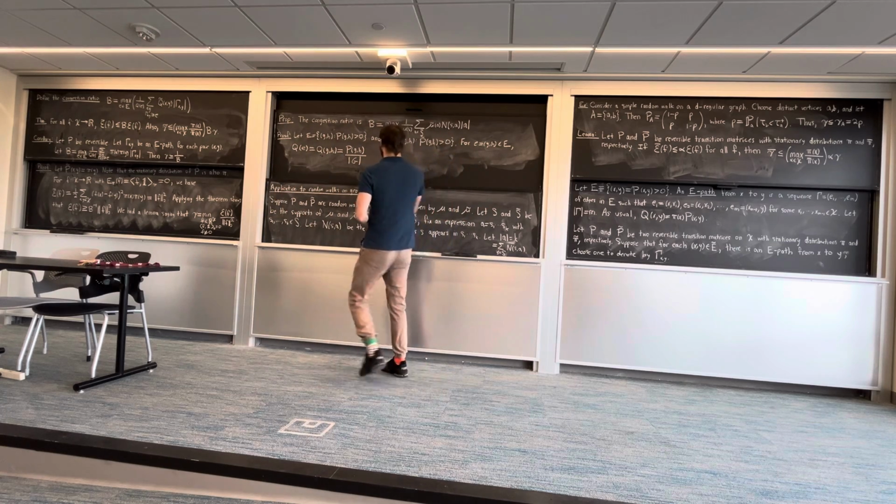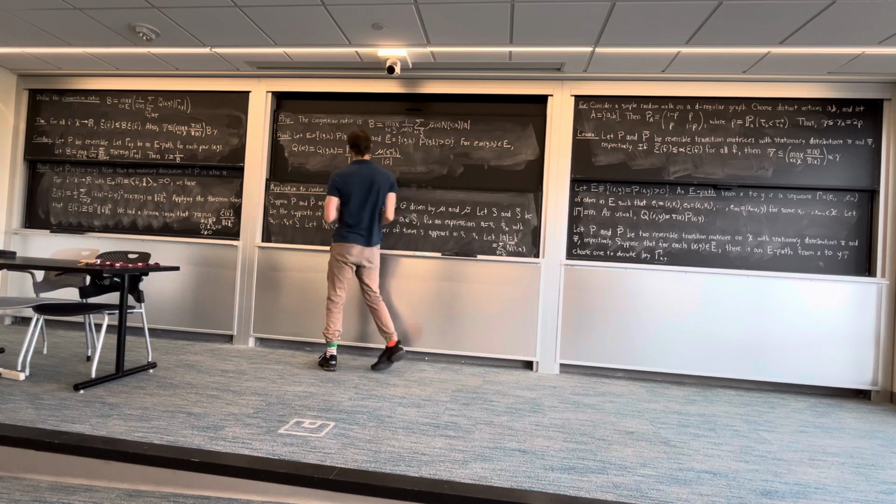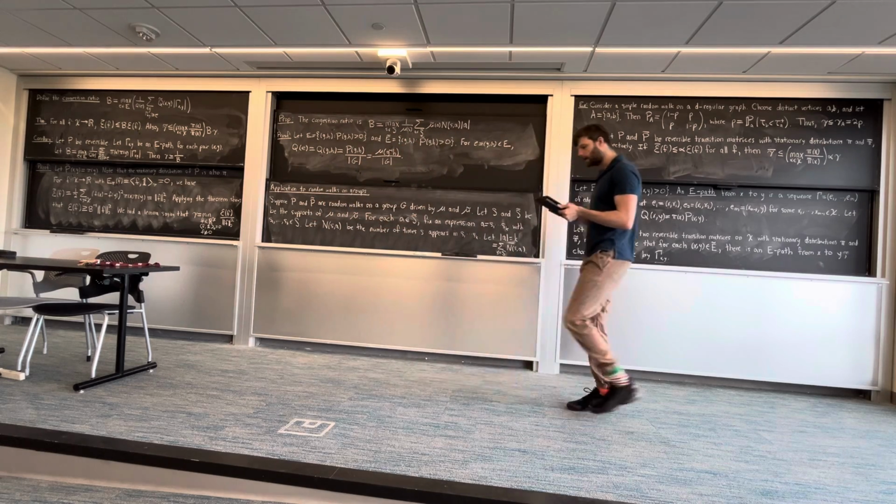And P of G, H is mu of G inverse H over the size of the group, because of how the random walk on the group is defined.